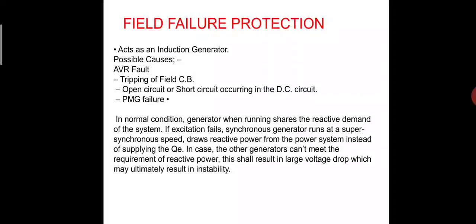Next one, field failure protection. The generator acts as an induction generator. Possible cases: AVR fault, tripping of field circuit breaker, open circuit or short circuit occurring in the DC circuit, PMG failure.